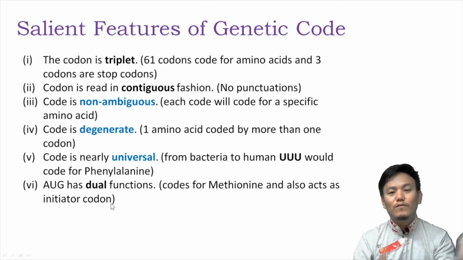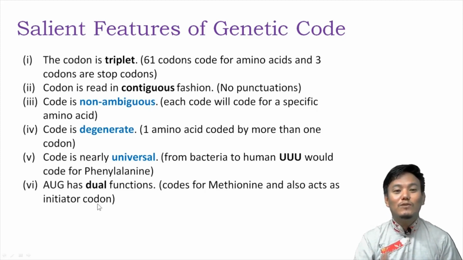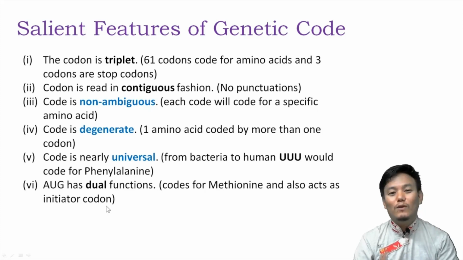In most of the messenger RNAs, AUG will be the initiator codon. AUG will be the first codon. So in every polypeptide, the first amino acid will be methionine because AUG is the initiator codon.